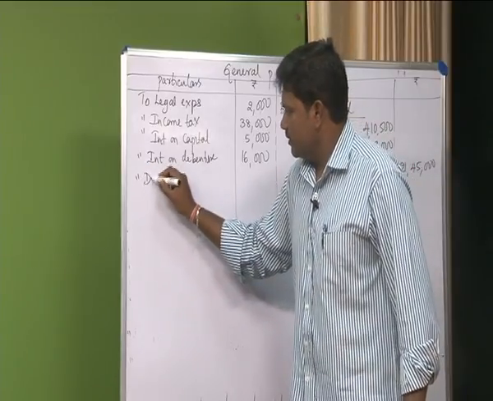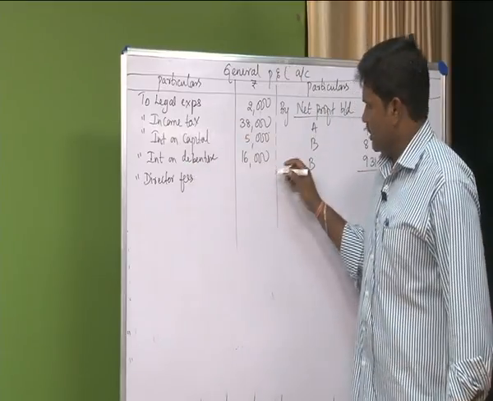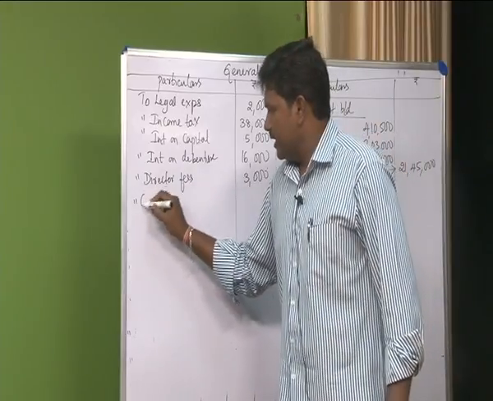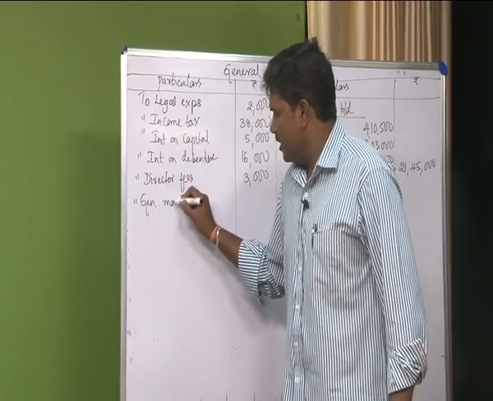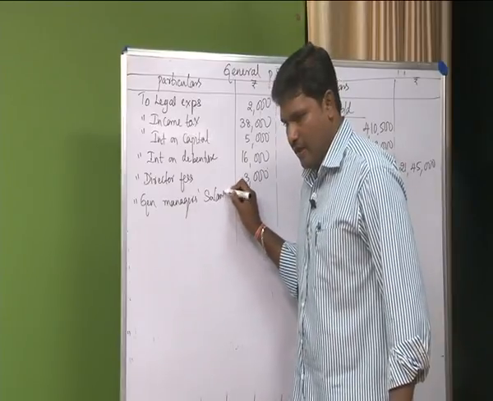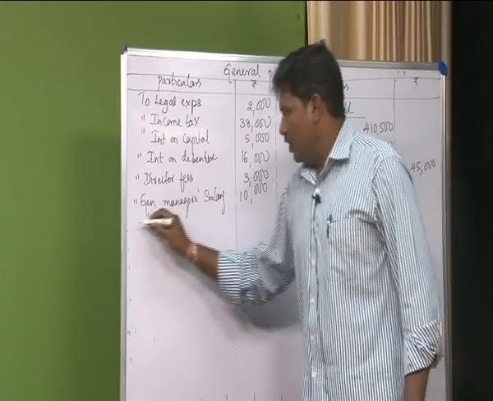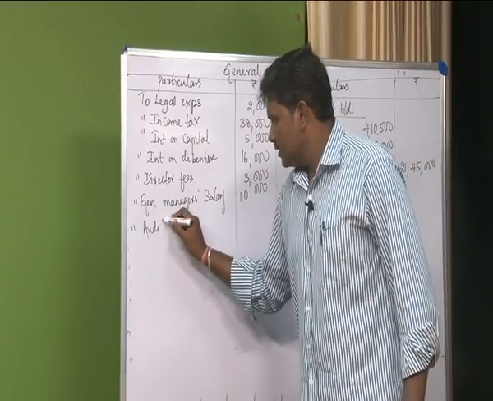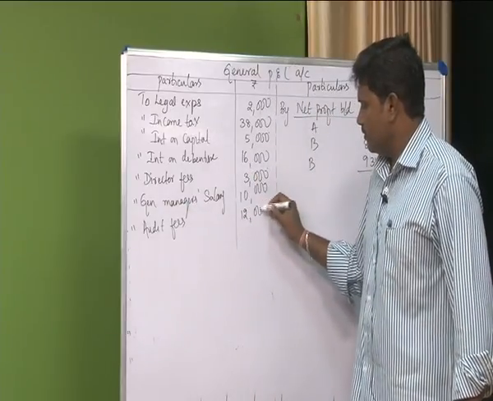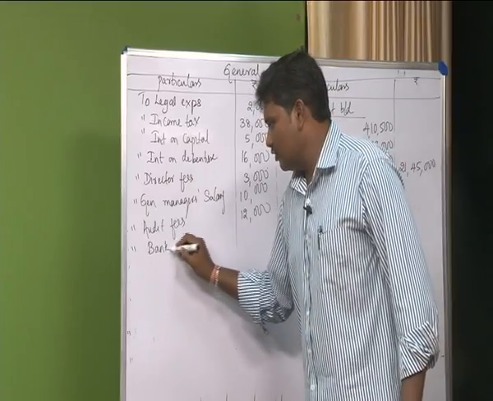Director fees to the extent of 3,000. General manager salary to the extent of 10,000. Audit fees to the extent of 12,000. And lastly bank charges. See, this cannot be allocated.